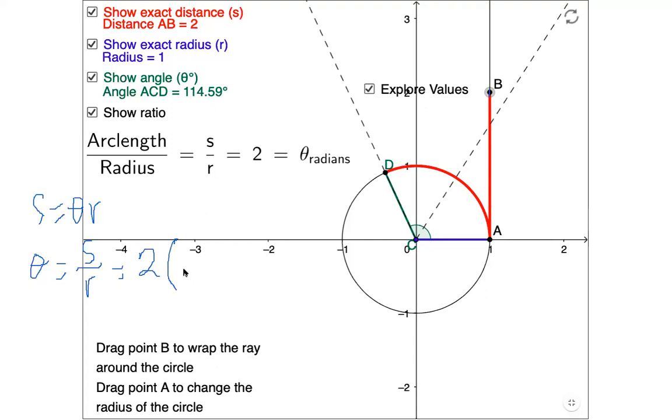So paano natin to i-convert? By multiplying it by 180 over pi, di ba? So this is equal to 360 over pi radians. Yeah, tama naman. Parang may mali, guys. Ay, tama. Okay. Can you use calculator to simplify? Let's see if this will give us 2 radians.